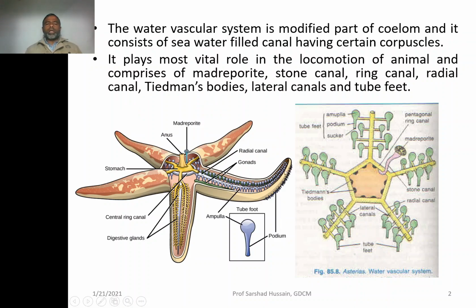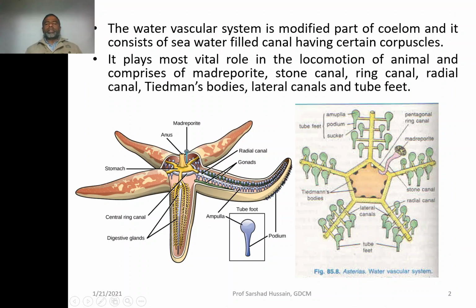This is the stone canal. Then this stone canal in turn opens into a ring canal. Just below this yellow disc, you can see a ring of blue color called the ring canal, and here you can see it is joining the ring canal.